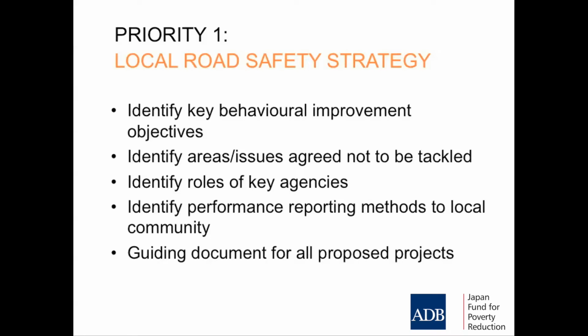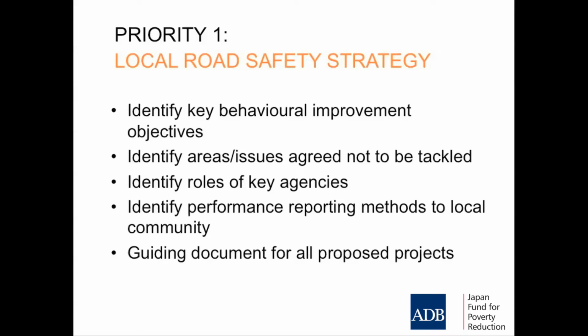Identify performance reporting methods to the local community. How often do you want your community road safety group to report to the local community, and how? Is it through a bulletin? Do you have a monthly radio program? Do you get a column once a month in the local newspaper?